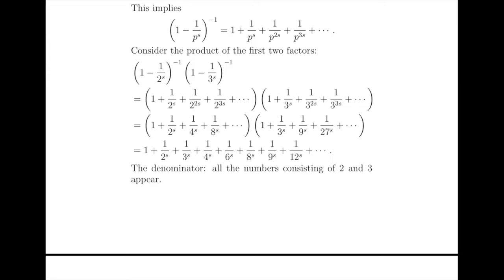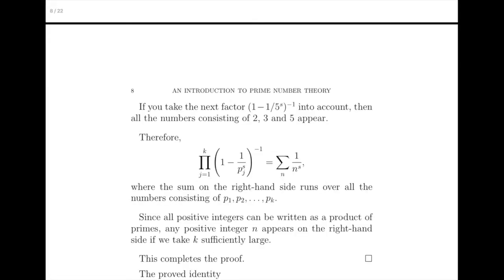So next, we take the next factor, 1 minus 1 over 5 to the s, into consideration. Then, by expanding similarly to the previous page, we find an expansion in which the denominator includes all numbers consisting of 2, 3, and 5. Okay?